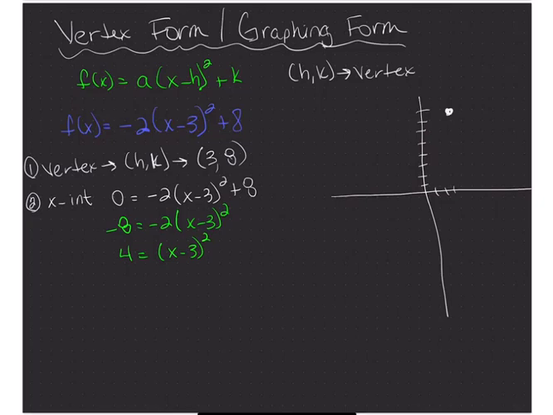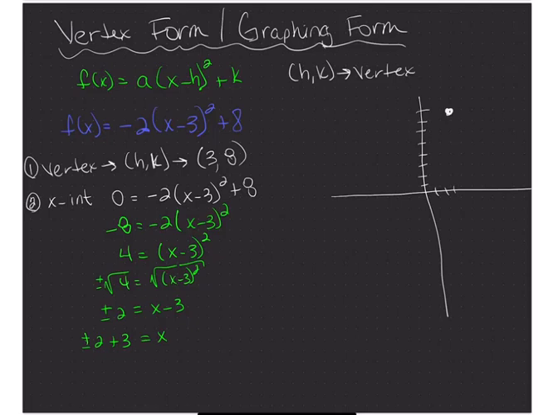Now I need to get rid of my square, so I'm going to take the square root of both sides. I'm going to get plus or minus the square root of 4 equals the square root of x minus 3 squared. The square root of 4 is a positive or a negative 2. And when I take the square root of a square, I get just what is inside, so x minus 3. So now I technically have two equations going on here, right? We can add 3, so I'd have plus or minus 2 plus 3 equals x.